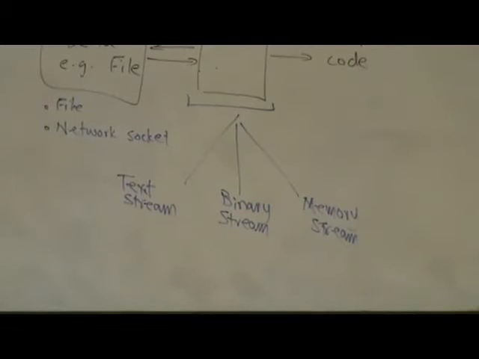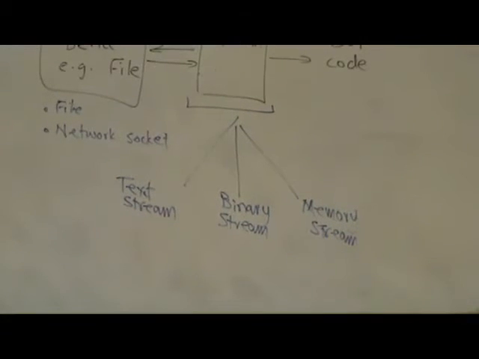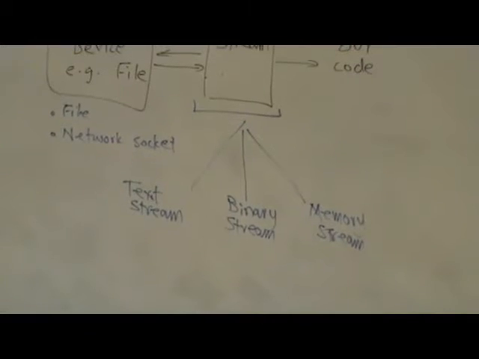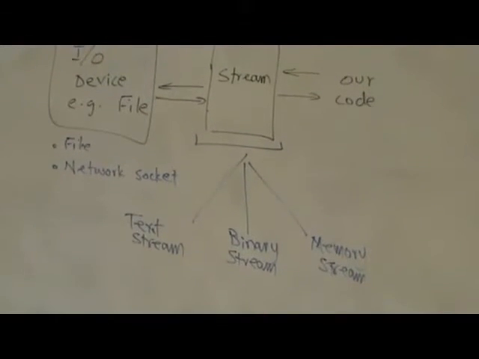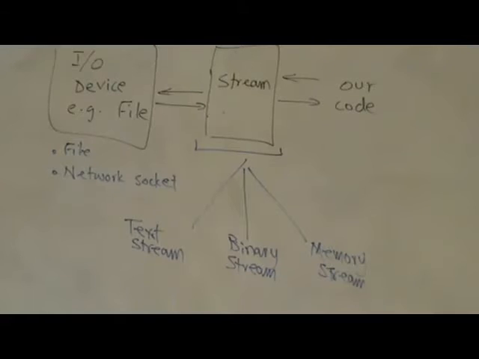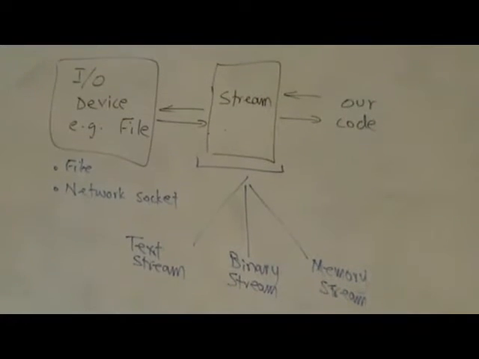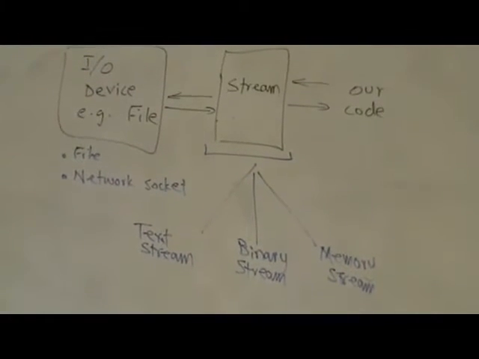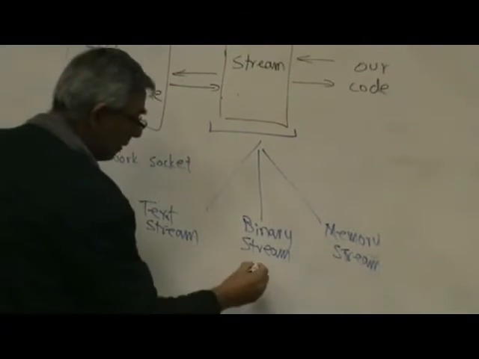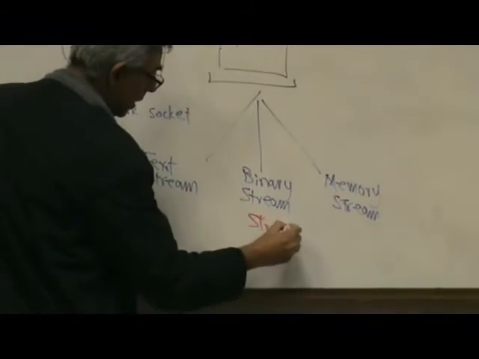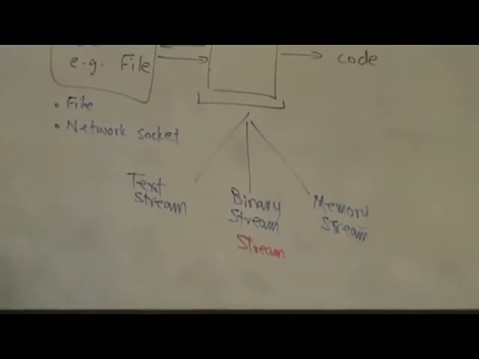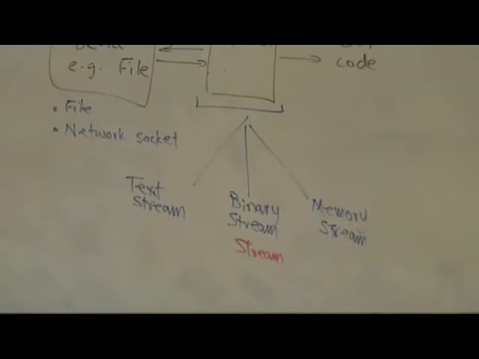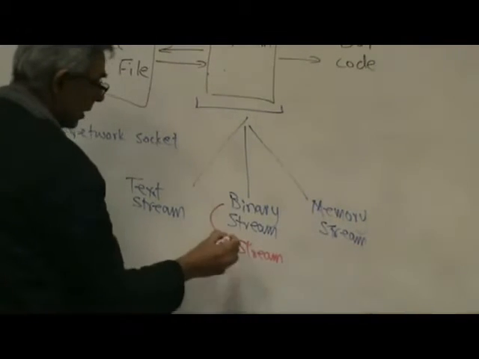Now, an easy way to remember: if you go read a book or go to the internet, you will see that in both Java and C# there are dozens of different ways to read and write a file. So that it's less confusing, I'll give you my guidelines on how you should proceed. If you use the plain Stream class without any prefix or postfix, the plain Stream class is a binary stream class.